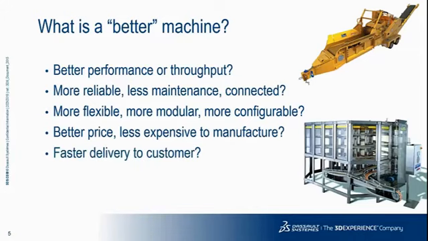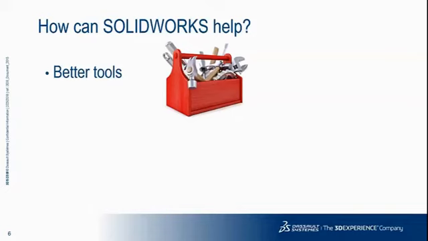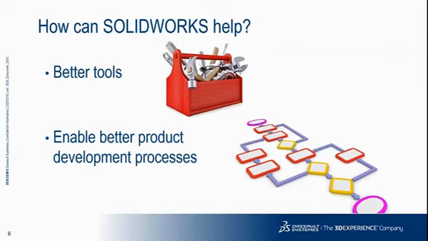All right. So looking at this, better machines, what does that really mean to people? What can we do at SOLIDWORKS to help you? Well, one thing we can do is provide you better tools to help you get your job done. And when I say better tools, not only faster drawing and quicker annotations and better features, but it's also extending SOLIDWORKS into different areas, things that we weren't known for originally in just design, parts, assemblies, drawings, but extending out into electrical and manufacturing areas.